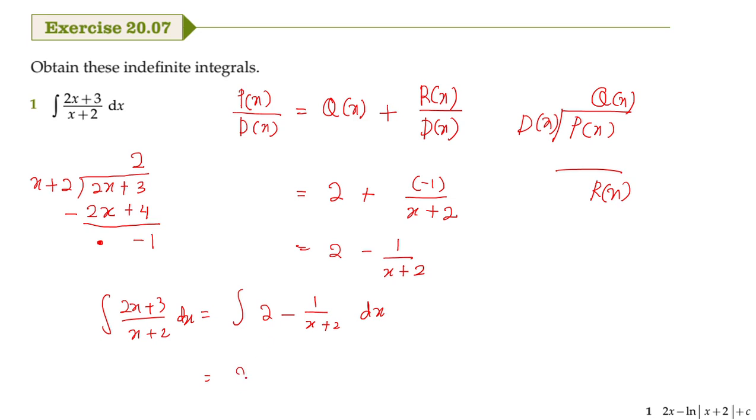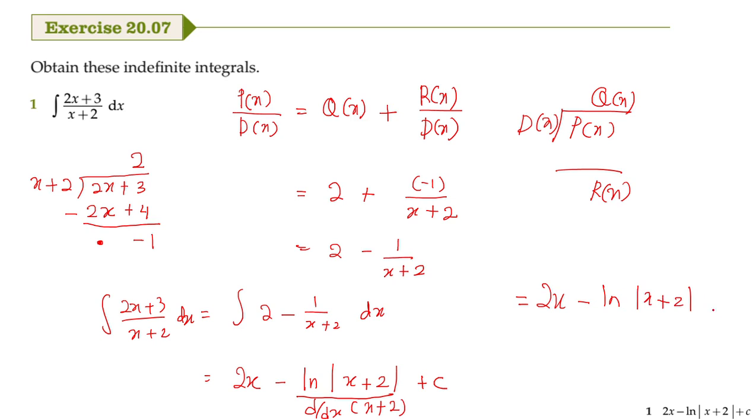So integrating 2 becomes 2x. Minus, over here you will have ln with modulus of x plus 2. And then don't forget to divide by the derivative of the function. So finally you have 2x minus ln|x plus 2| plus c. Why is there no divisor? Because the derivative of x plus 2 is 1. So this is the answer.